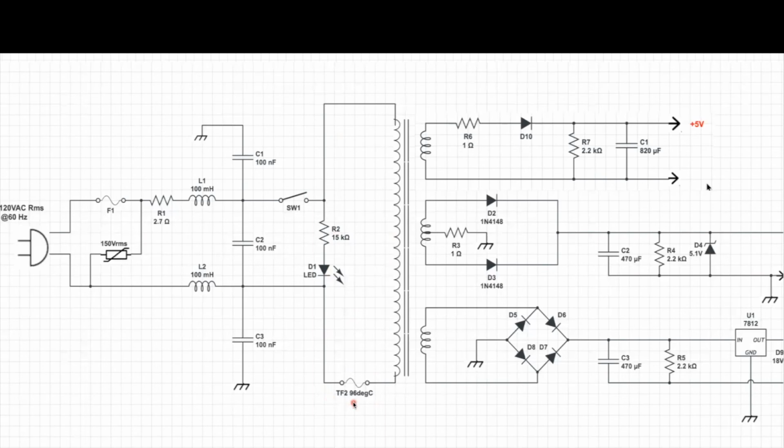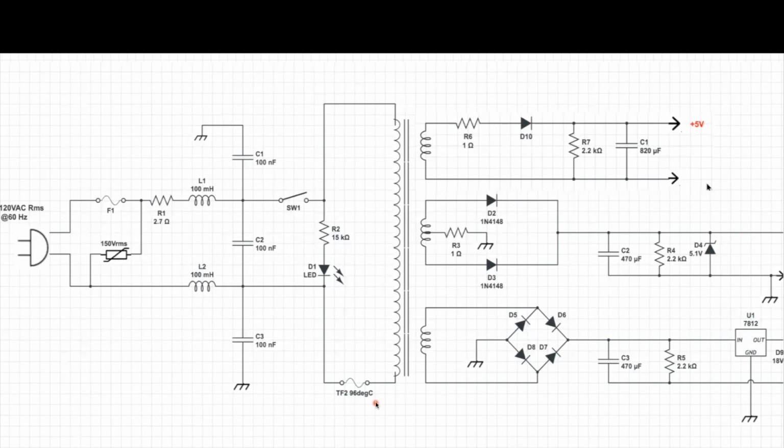TF2, 96 degrees Celsius. Well, that's kind of weird. But it's the schematic symbol for a fuse. So what does that tell me? What do you think that guy's all about? We've always talked about fuses, volts, and amps, right? But this is saying degrees. Sam? Very good. Sam called it a temperature fuse, and that's exactly what it is.